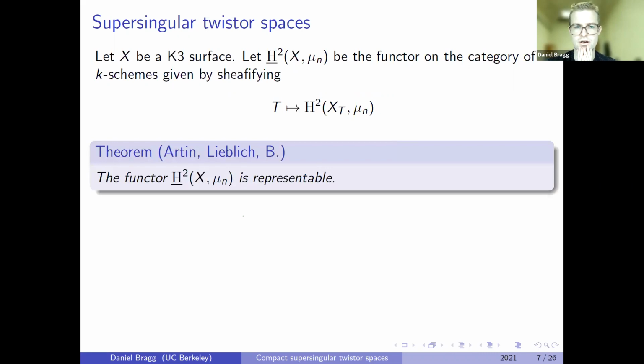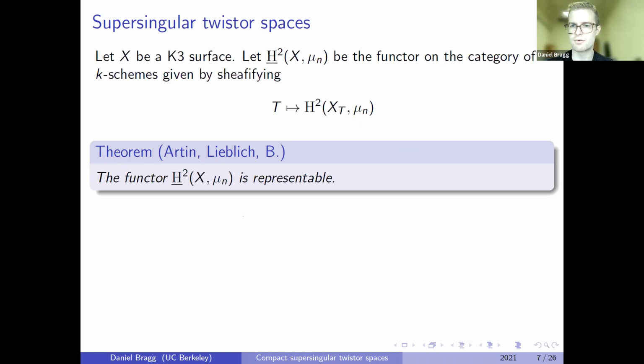Okay, so here's a theorem that you can show. This functor is actually representable. It's not at all easy to prove this, at least I didn't find it easy. Artin wrote a paper on supersingular K3 surfaces, and claimed this result and said the proof would appear elsewhere, but I don't think it did, as far as I can tell.